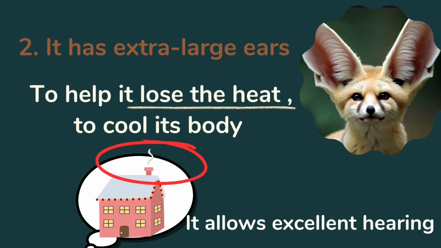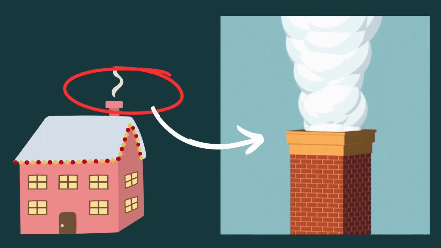Do you know a chimney? A chimney is something that helps heat come out from the place, as you see here. This is for you to imagine how its ears work. I hope it's easy for you to imagine this.